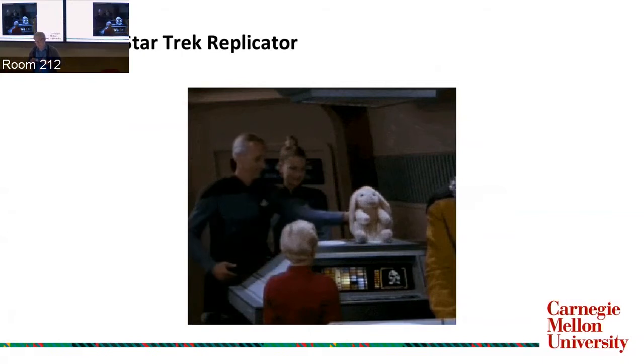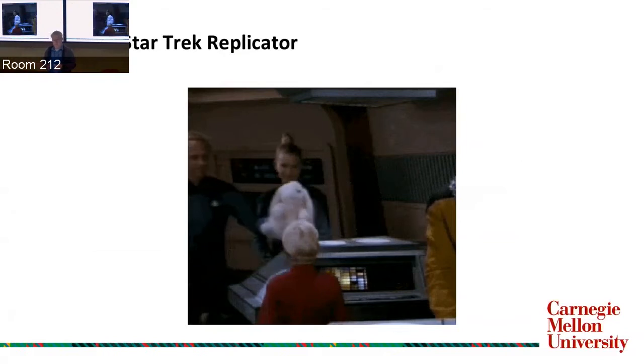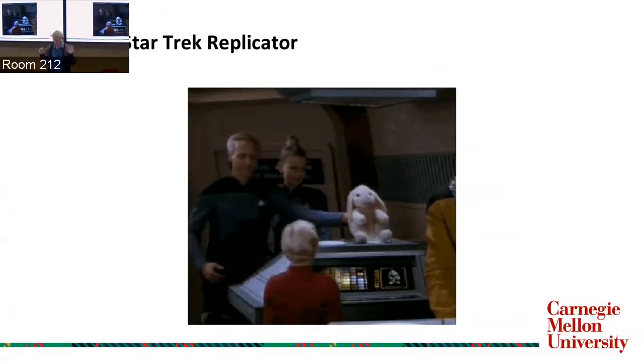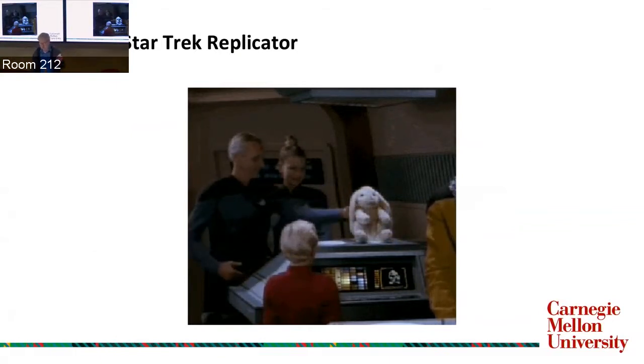One of the big plot ideas that they kept coming back to was this machine called the Replicator that you could walk up to and just talk to, and you could basically ask it for stuff. Make me a cup of coffee. Cup of coffee shows up. And it was interesting because the show defined really good rules around the Replicator.